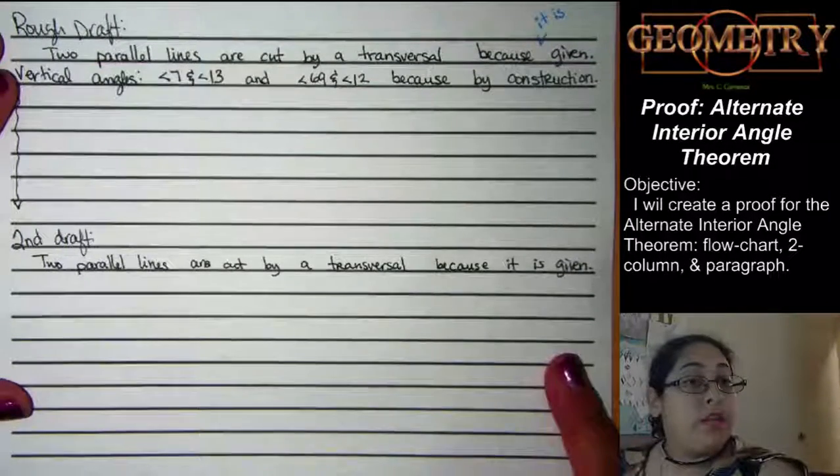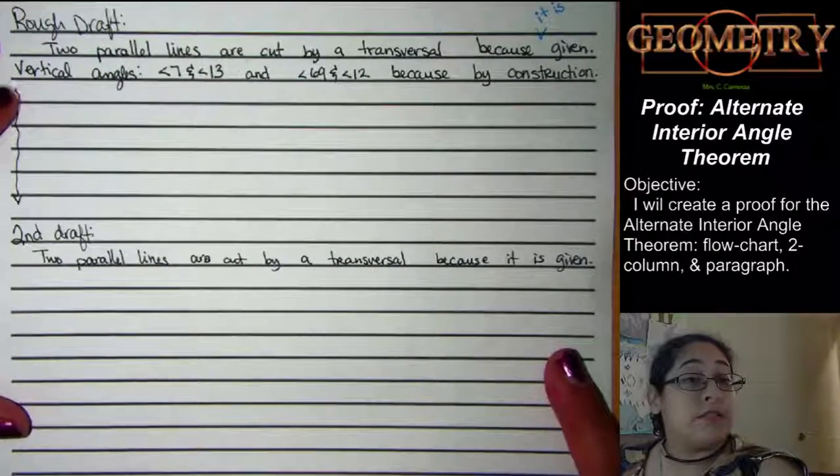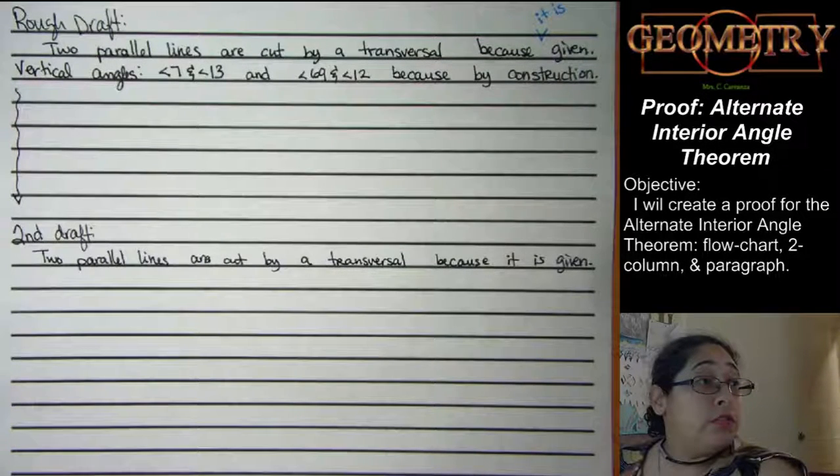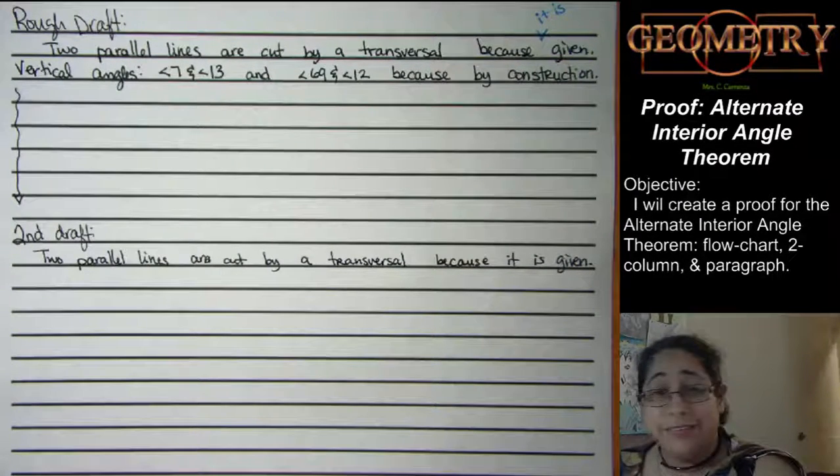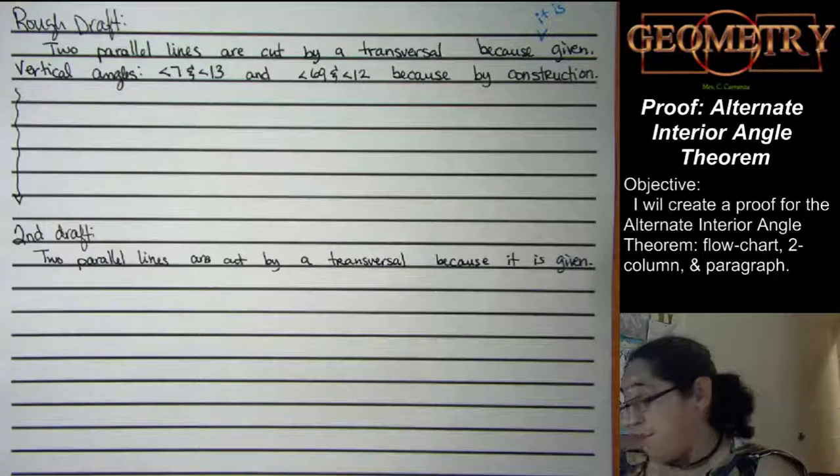Okay? Let's try to clean up the second sentence. Vertical angles, because by construction. Oh my God. All right, help me fix it.